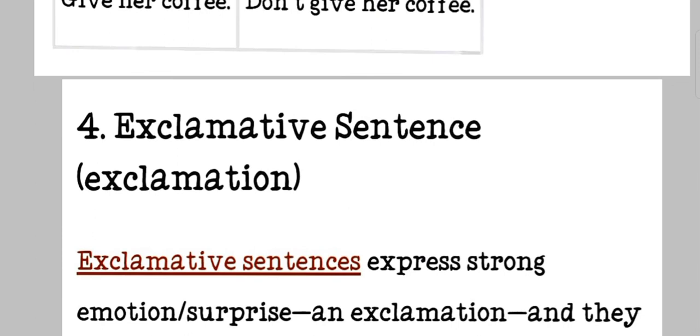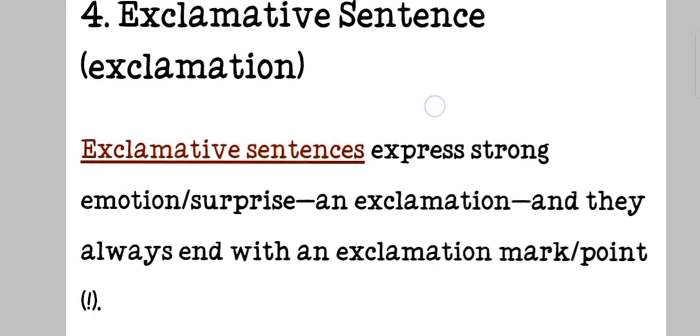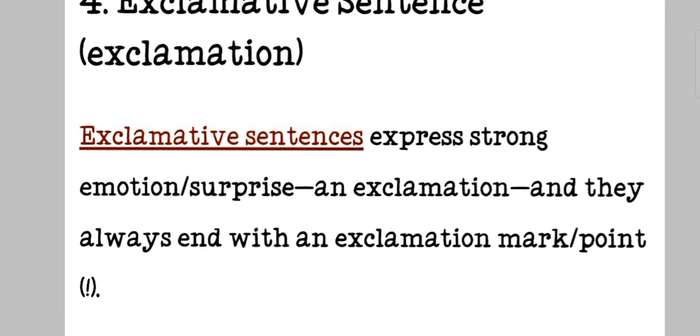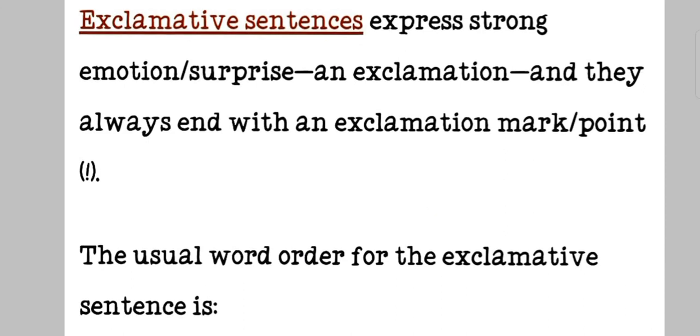Now the last type is exclamative sentences. Exclamative sentences express strong emotion, surprise, and exclamation, and they always end with an exclamation mark or point.